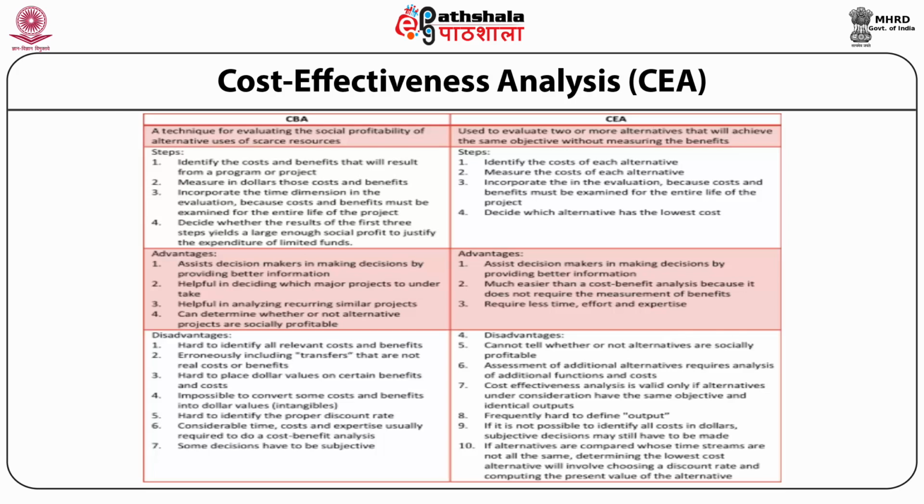Frequently hard to define output. If it is not possible to identify all costs in dollars, subjective decisions may still have to be made in cost effective analysis. If alternatives are compared whose time streams are not all the same, determining the lowest cost alternative will involve choosing a discount rate and computing the present value of alternatives.